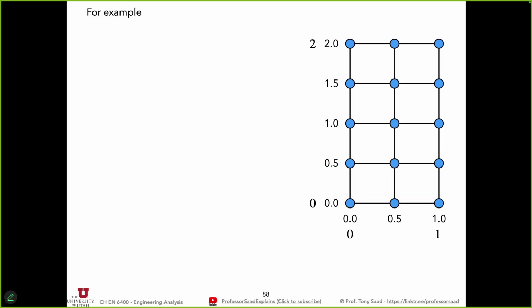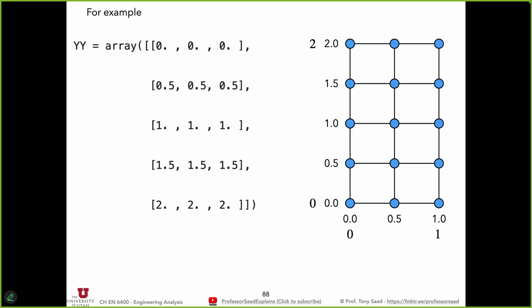Next, we go to the YY array. The YY array, I said, is going to contain the y coordinate values at all of these grid points. So if you print it, this is what it's going to look like. And now it looks a little different. However, look at that. The first row contains zeros, so that must be the y values for the first y value.